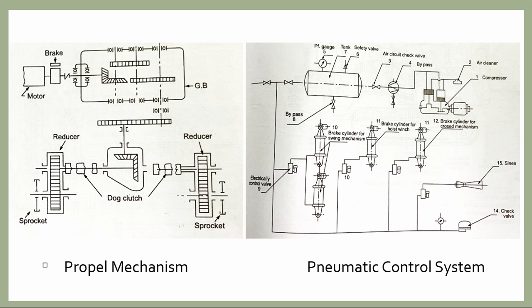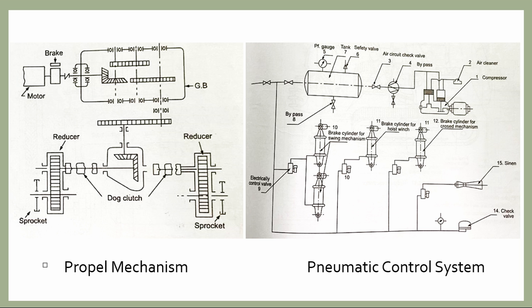Ultimately, the power from the reducer through a gearing arrangement is given to the right hand side and left hand side dog clutch, and these dog clutches are engaged and disengaged by a separate hydraulic system.